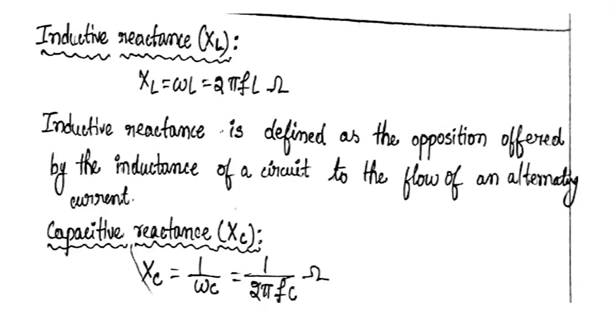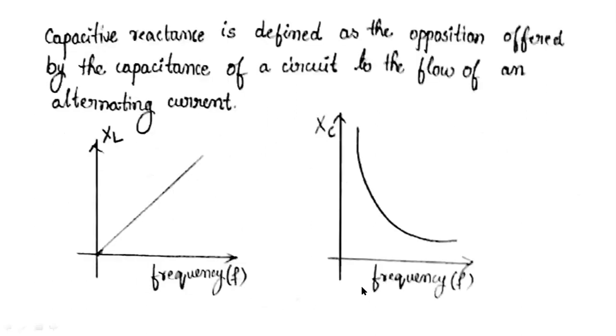Then capacitive reactance is given by XC equals 1 by omega C equals 1 by 2 pi fC ohms. Capacitive reactance is defined as the opposition offered by the capacitance of a circuit to the flow of an alternating current.